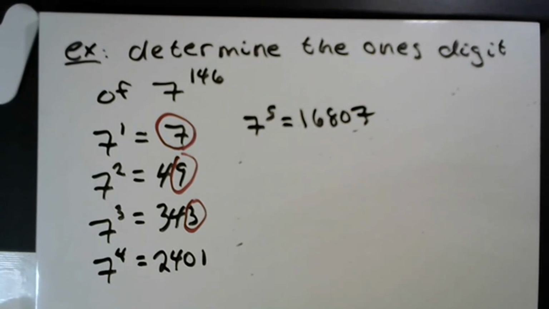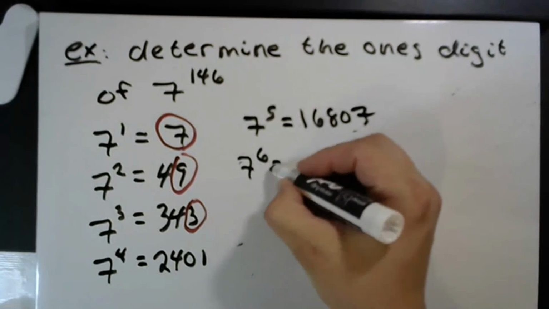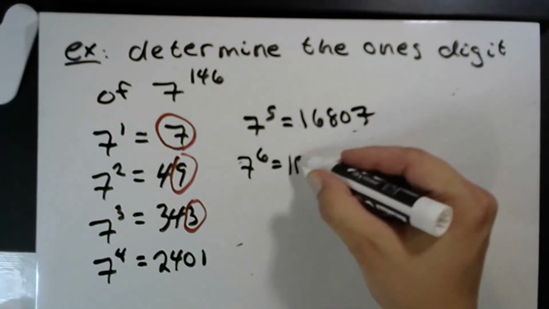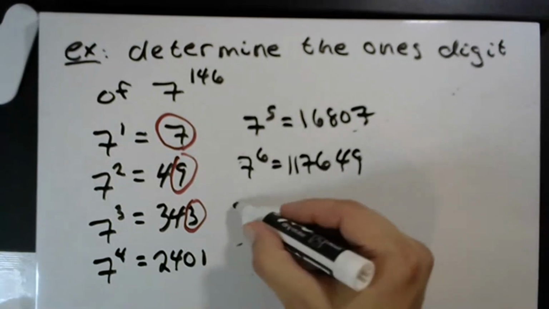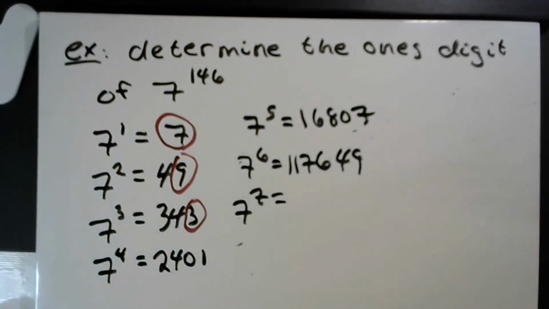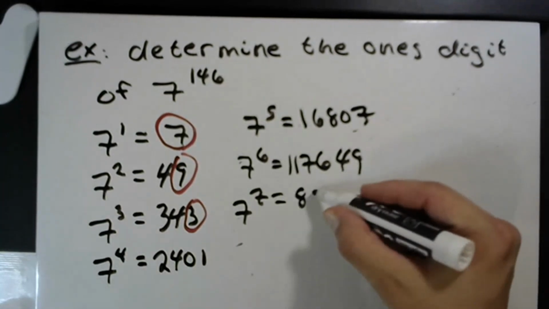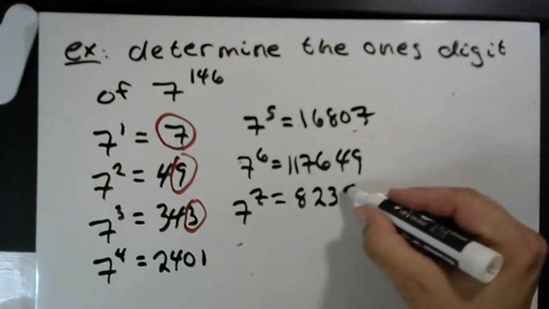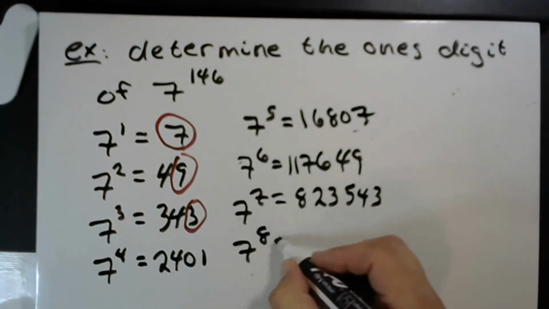And then let's go 7 to the 6th, 7 to the 7, and 7 to the 8.